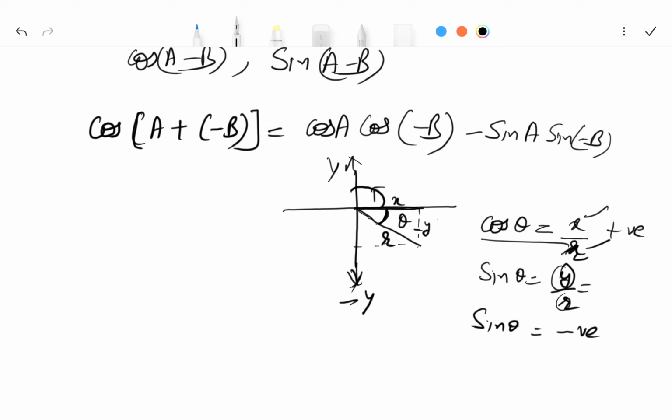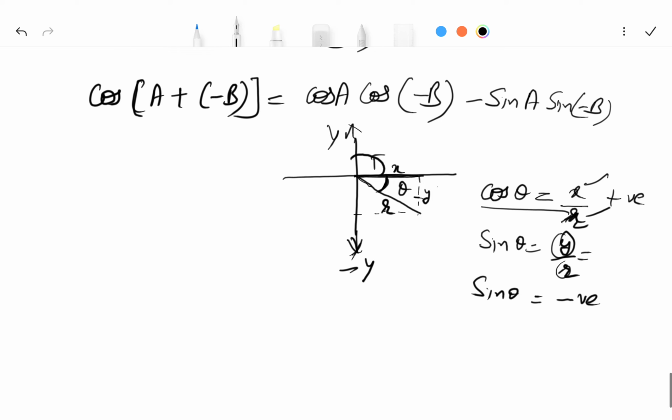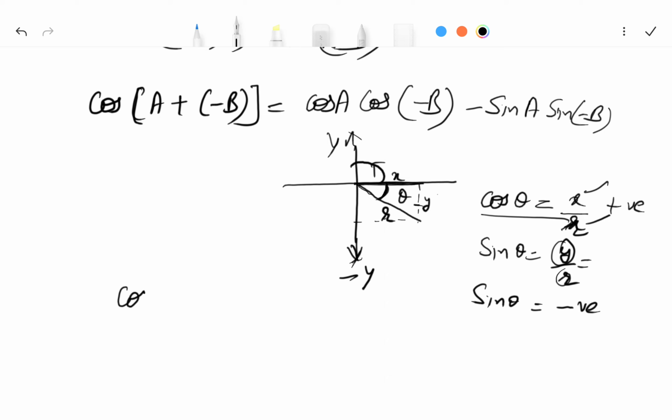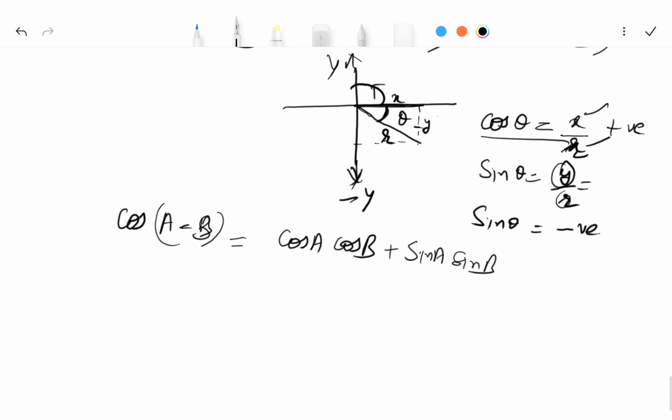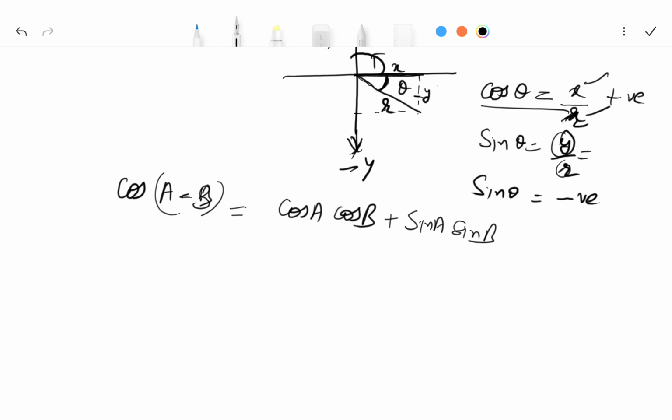So I will use this thing: cos A minus B equal to cos A cos B plus sin A sin B. And if I substitute B equal to A, then what I will get?